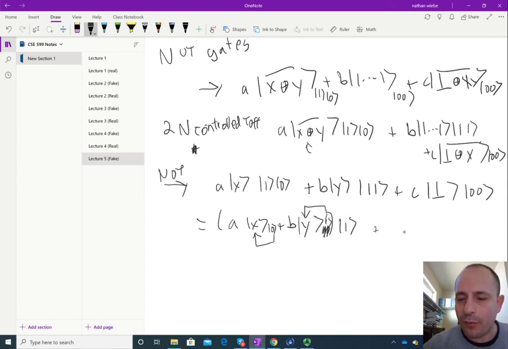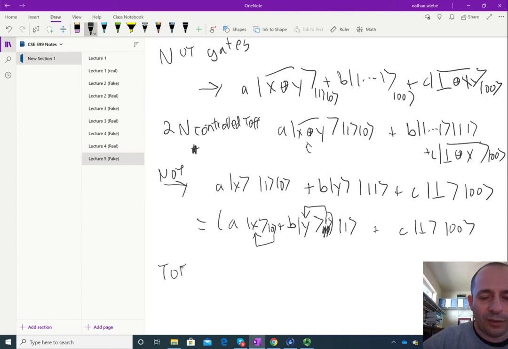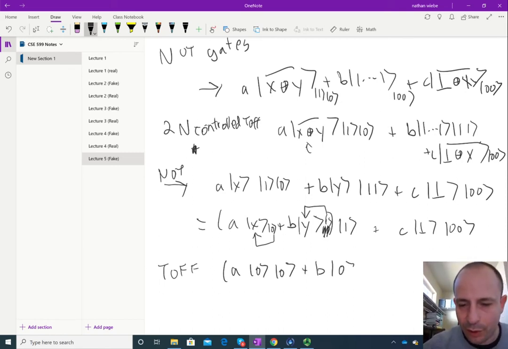So if, controlled on this bit, I can then do a sequence of Toffoli gates to end up mapping this to a 0, 0, plus b 0, 1, 1.